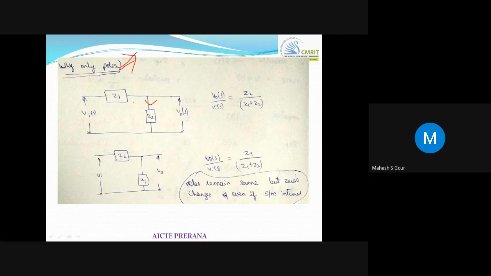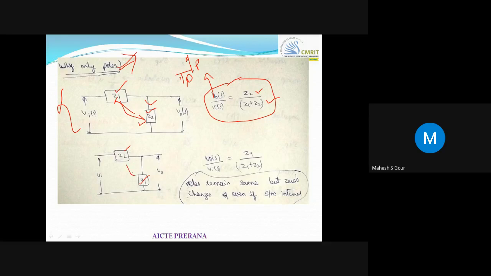See, when you interchange the parameters, like this is your impedance Z1 and Z2. If I consider this, when I take the transfer function of the whole thing, this is your voltage divider circuit. I have explained in the last class. So the transfer function is output by input, right? So if I take V out by V in, what you will be getting is Z2 by Z1 plus Z2.